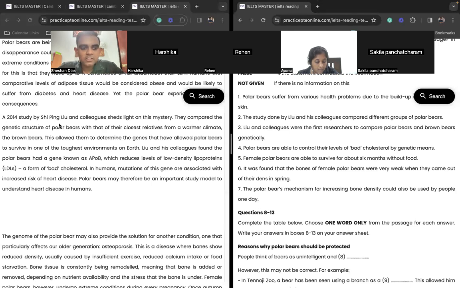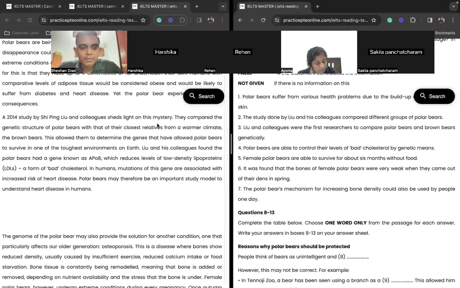A 2014 study by Shiping Liu and colleagues sheds light on this mystery. They compared the genetic structure of polar bears with that of their closest relative from a warmer climate, the brown bears. So have they compared different groups of bears? Yes. But not different groups of polar bears.